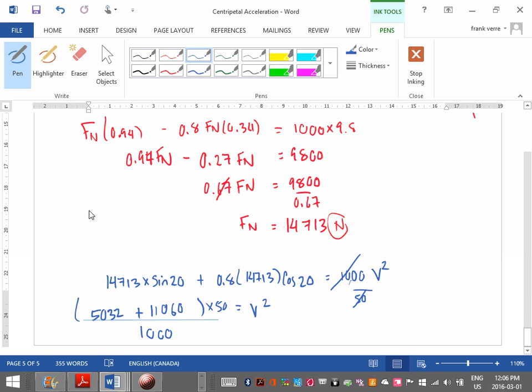So we'll just take the square root of all of this. So that will give us v. So what is v? 5,032 plus 11,060 times 50 over 1,000, take the square root of that equals v. 28.37 meters per second.